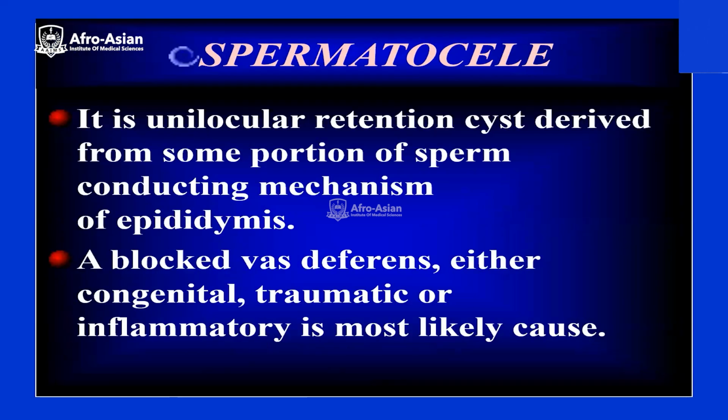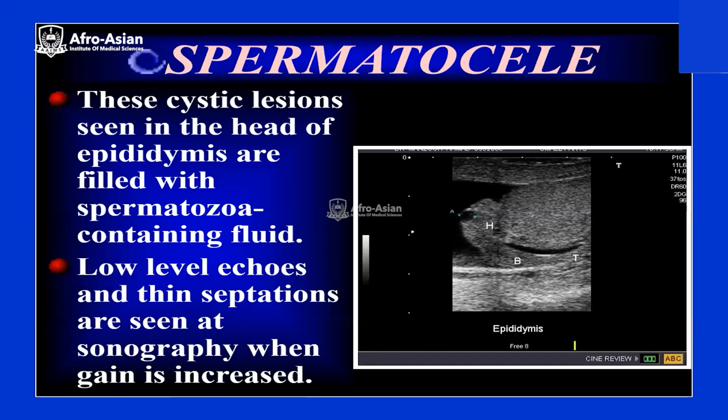Spermatocele is a unilocular retention cyst derived from some portion of the sperm conducting mechanism of epididymis. It is a spermatic cord. Its part or portion is showing a cyst. A blocked vas deferens, either congenital, traumatic, or inflammatory, is the most likely cause.